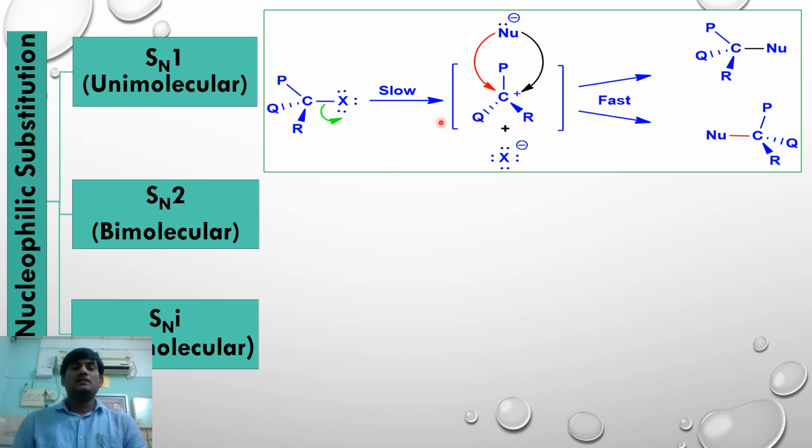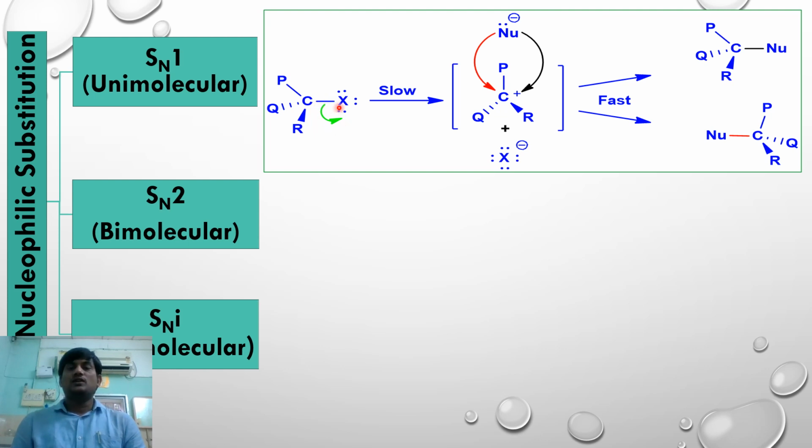In first step there is a leaving of halogen from the reaction center and there is a formation of carbocation intermediate. The first step is the slowest step and the number of molecules involved in the slowest step is 1. That's why the molecularity of the reaction is 1.